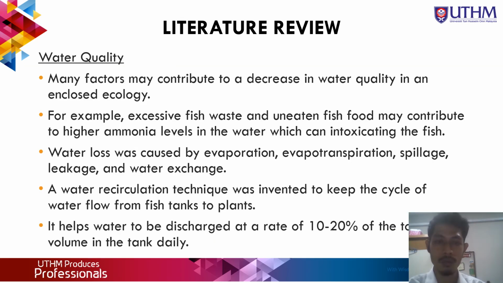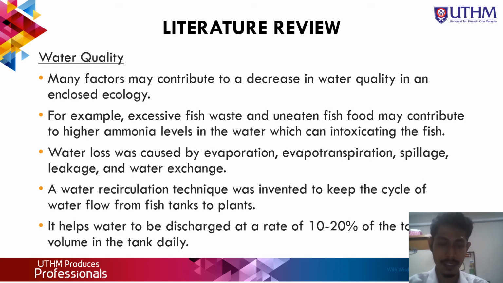Okay, next we will go to the water quality. Many factors may contribute to a decrease in water quality. For example, in the aquaponics system, excessive fish waste and uneaten fish food may contribute to a higher ammonia level in the water, which can intoxicate the fish. Moreover, the system will cause water loss through evaporation, evapotranspiration, spillage, leakage, and water exchange, which will affect the water quality of the system.